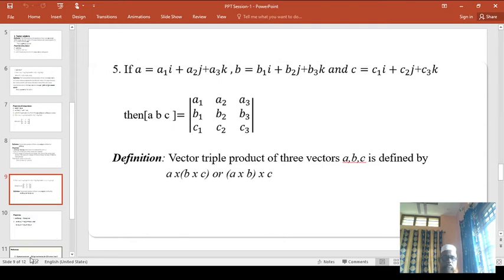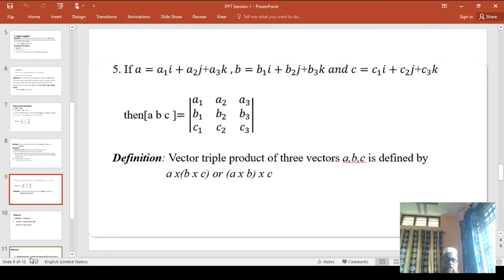The first row is the coefficients of the first vector A: A1, A2, A3. The second row is the coefficients of i, j, k of the second vector: B1, B2, B3. The third row is C1, C2, C3, the coefficients of i, j, k in the third vector.